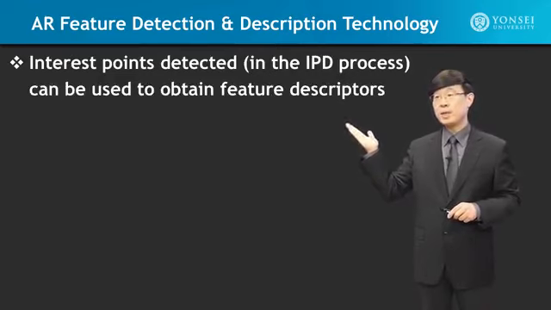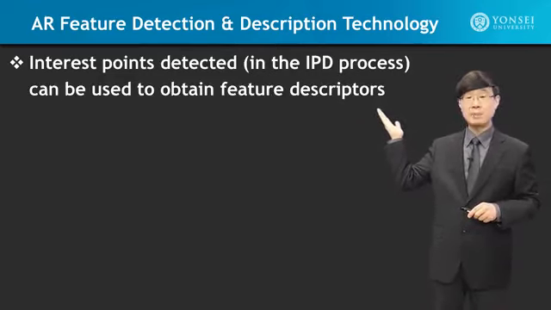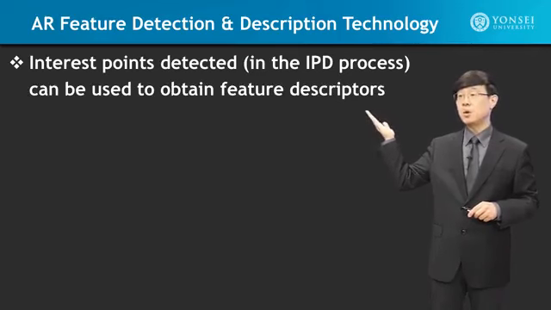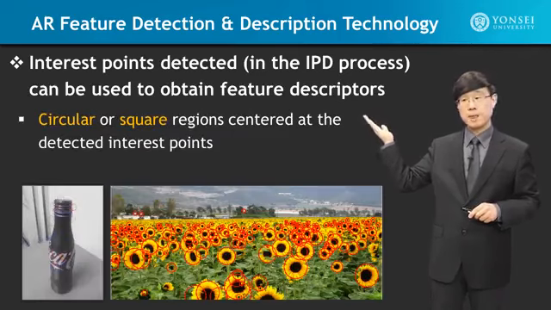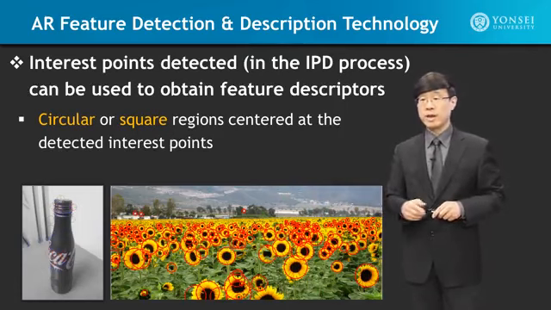The interest points detected in the interest point detection process, the IPD process, can be used to obtain feature descriptors. A circular or square region centered at the detected interest points is basically it. As you can see, there are circles in this image and that image over there.